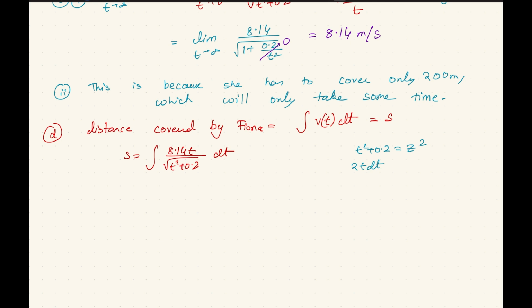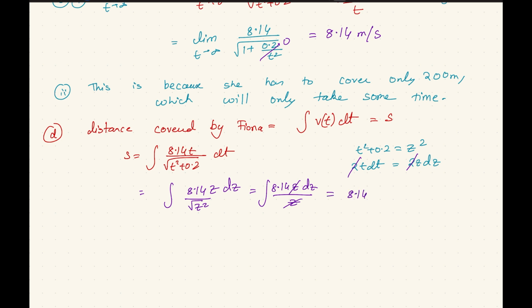So if you differentiate both sides, 2t dt would be 2z dz. Cancel out 2's. So t dt on the numerator will be replaced by z dz. And here this will be root z squared, and this is 8.14. So root z squared is z. So 8.14 z dz over z. Cancel these two out. So finally you get 8.14 z plus c.